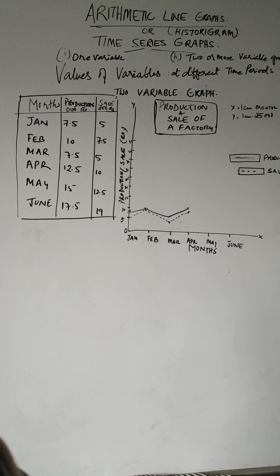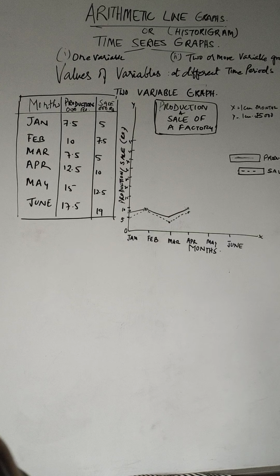Of course graphs are very important, but there are certain limitations. Graphic presentation is useful for a common man, but for an expert its utility is limited. There is a lack of accuracy. They do not really measure the magnitude of the data exactly.